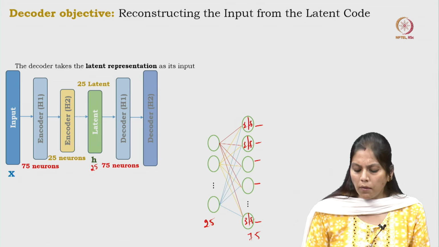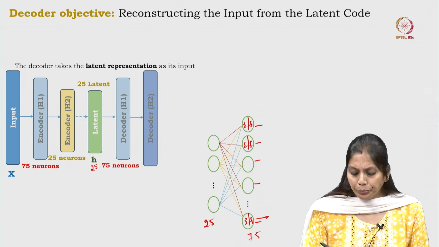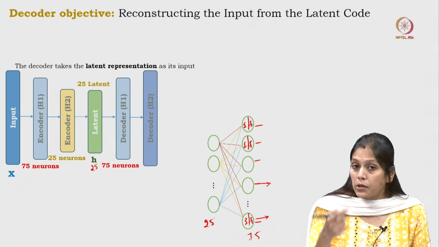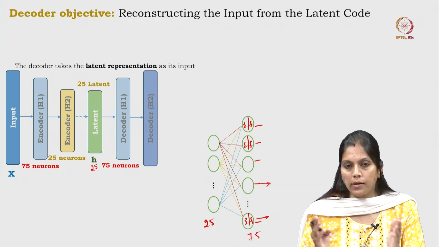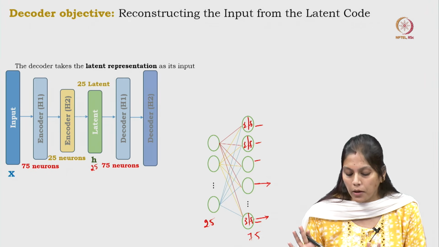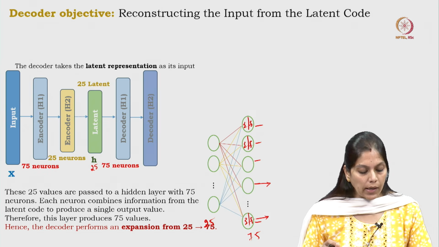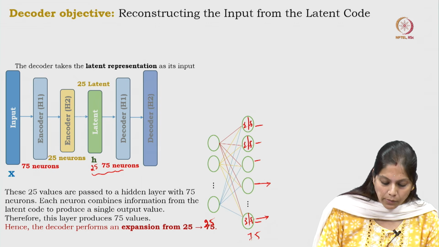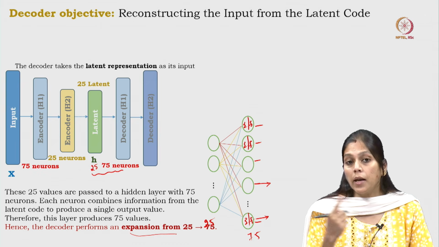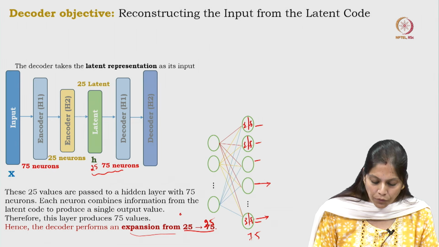Which means whatever output comes from this is a combination of all those 25. Of course, along with that you will also be multiplying with the weights and adding the bias, which is there by default. So, we are now getting 75 outputs. What exactly happened? From this to this we have an expansion, from 25 to 75.